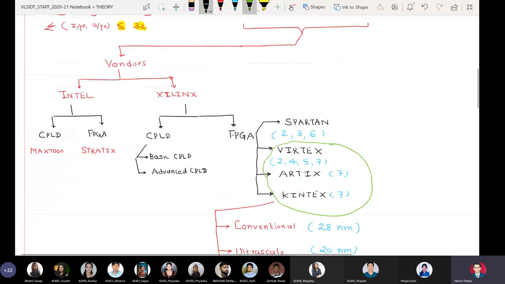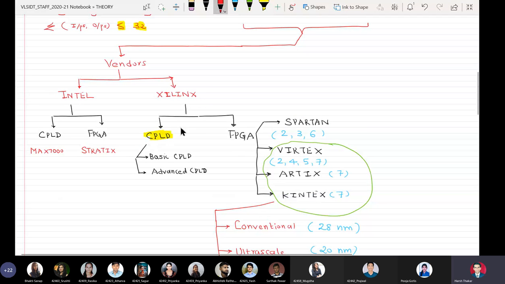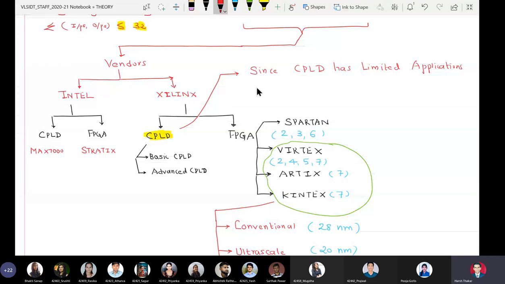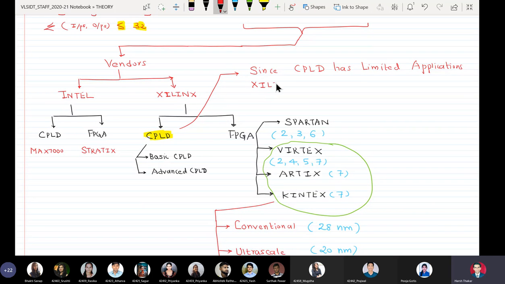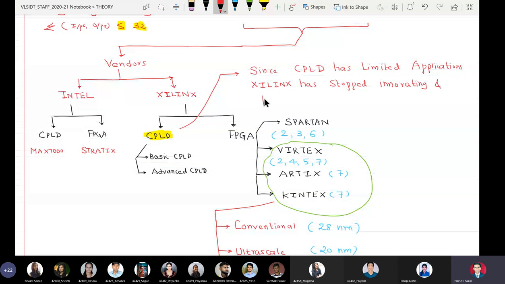Now, one point I would like to make here, that since CPLD has limited applications, Xilinx has stopped innovating and promoting CPLDs.